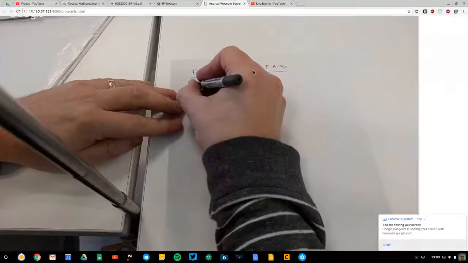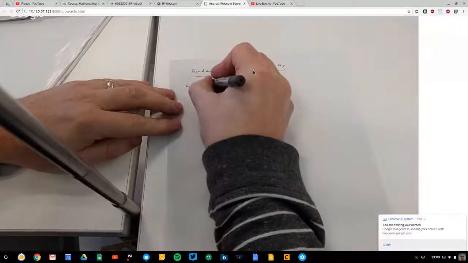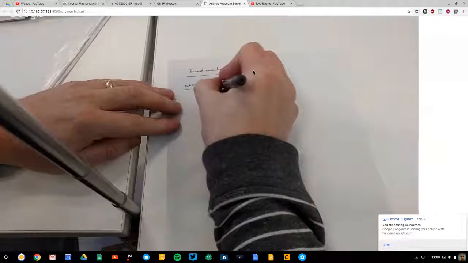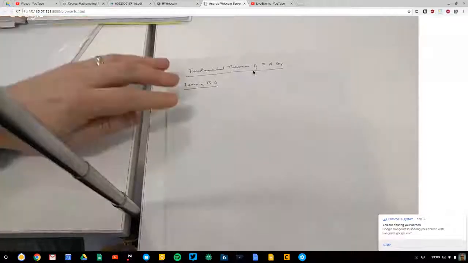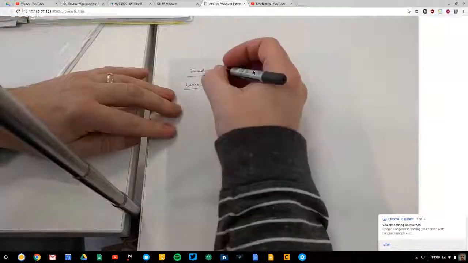So we start with lemma 13.6. The logic towards this is split up into a number of different steps. So this is the first one. And you should definitely hold Lagrange's theorem in mind as we discussed yesterday. Okay.